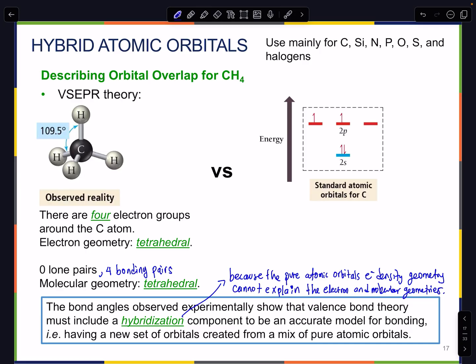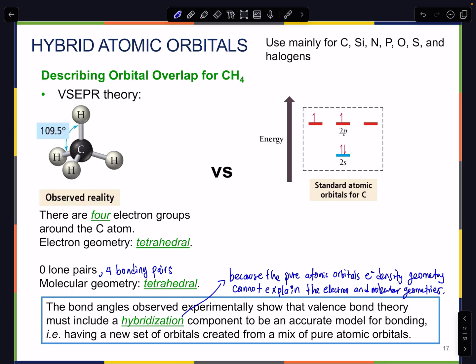This is how those orbitals are going to be distributed: they are going to have the same geometry as the trigonal planar geometry, right? The same goes for the linear geometry. The two hybrid orbitals are going to be like this, making an angle of 180 degrees.